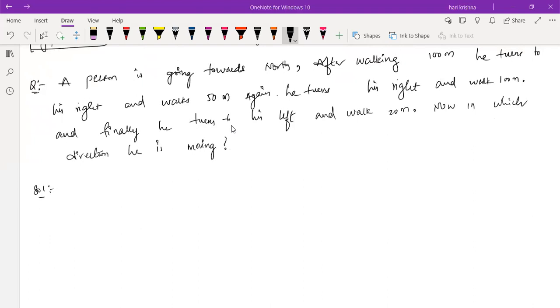Just understand here, they are not asking anything about the distance that he traveled from the starting point. They are asking only the direction in which he is moving right now from the starting point.